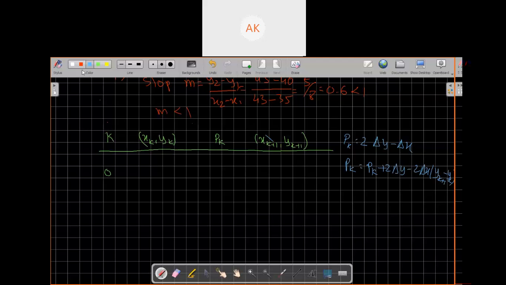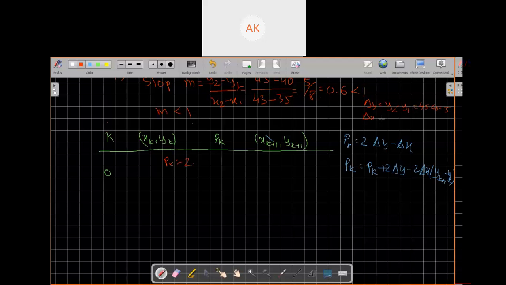So substitute the values. pk equals 2 delta y minus delta x. What is delta y? Delta y means y2 minus y1, which is 45 minus 40, which is 5.